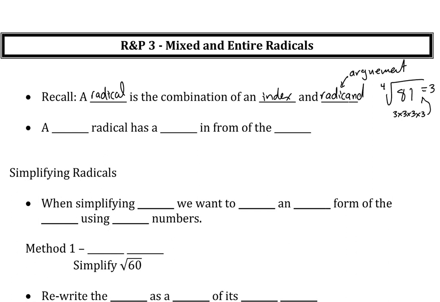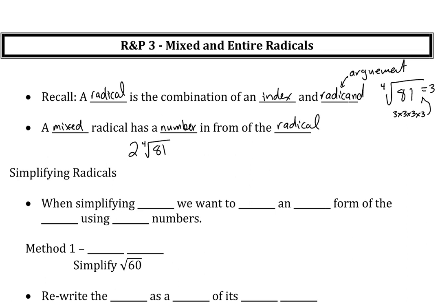There are no numbers out in front. We have an index, we have a radicand. However, a mixed radical has a number in front of the radical. For example, I would have something like 2 times the 4th root of 81.